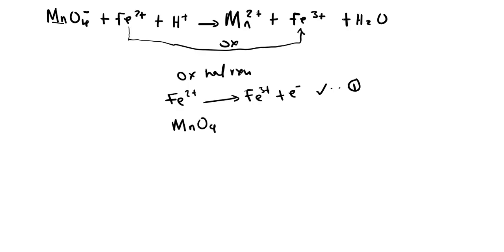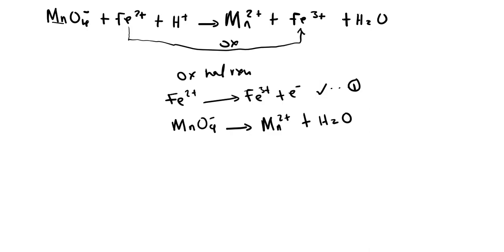Okay, so now we're going to balance the oxygen on the side where oxygen is lacking. We have 4 of them here, and here we have 1. So how many water molecules should we add? We should add 4 of them.